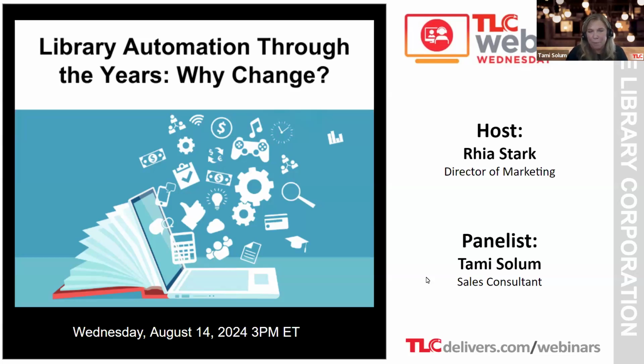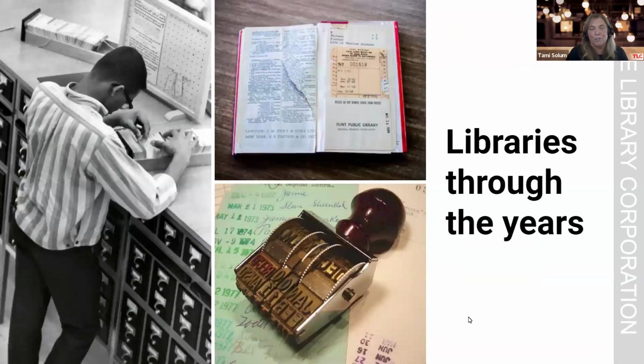So, a little bit about my background is I've worked 30 plus years with libraries, mostly in the school libraries, but a little bit I want to talk to you about today is libraries through the years. So, I think back to when I was a kid and how my mom would take us to the library and we could check out a book and we'd take it home and she would read to us.